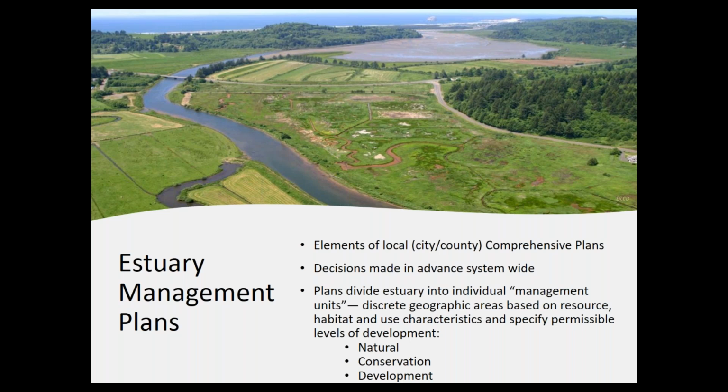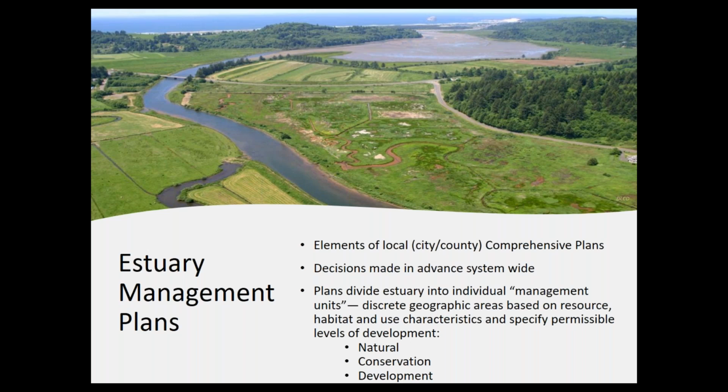Some of the decisions were made in advance of the system-wide plan, based on what's in Goal 16. It's not that the local jurisdiction didn't have a say in what happens within their plan, but if the inventories told you what an area was supposed to be developed at, those decisions were already made.